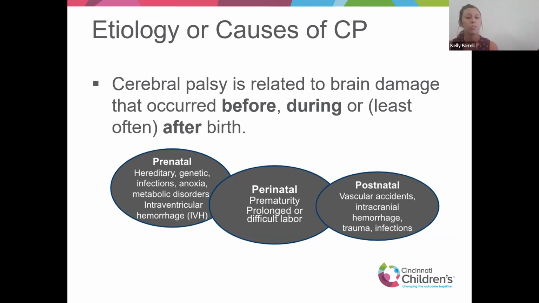You have perinatal, which is during birth, so that could be prolonged or difficult labor, or just prematurity, being born early, as well as postnatal, or after birth. Again, those vascular accidents, intracranial hemorrhage, as well as trauma and infections. And just to really highlight, this is 2 years or younger.